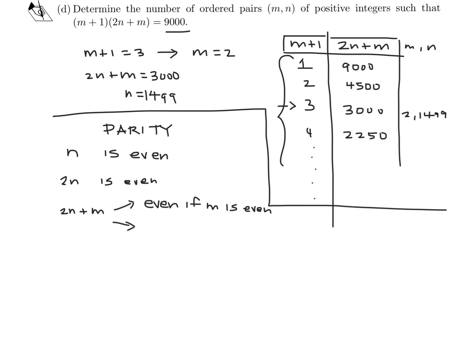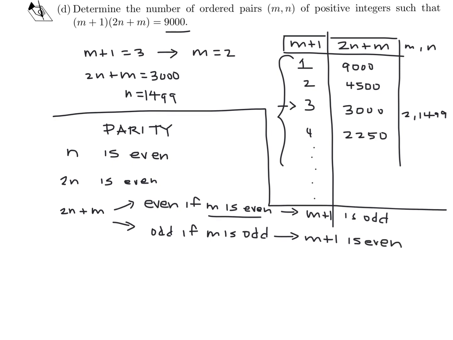And 2n plus m would be odd if m is odd. Now, if m is even, that would mean m plus 1 is odd. And if m is odd, that would mean m plus 1 is even. Correct? Hopefully that made some sense. So that is this scenario here.